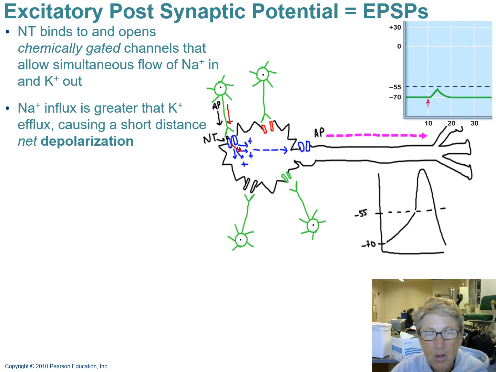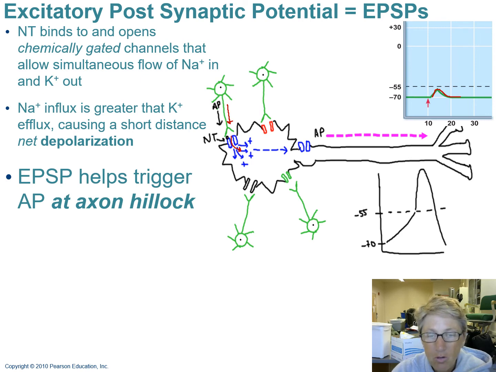But the sodium influx into the cell is greater than the potassium efflux out of the cell. So you get a short distance, a net depolarization. It looks something like this. You get a net depolarization because the positive coming in is greater than the positive going out. So the net result is a depolarization of the membrane.